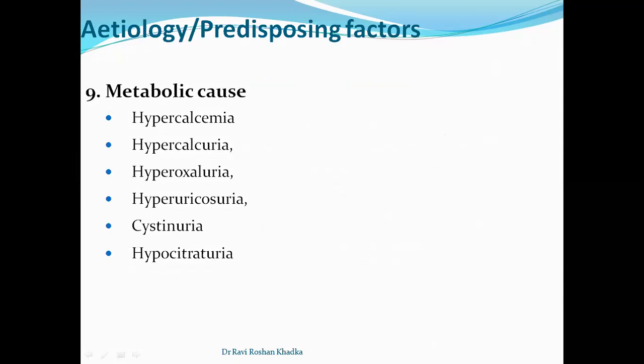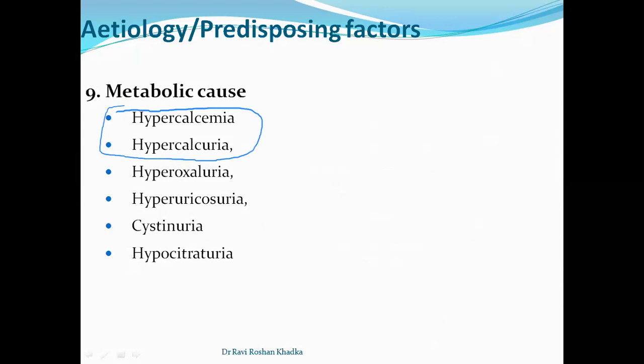There are some metabolic situations where it leads to stone formation. The first and second, hypercalcemia and hypercalciuria, are very closely related. Hypercalcemia means excess calcium in the blood. Hypercalciuria means excessive calcium in the urine.